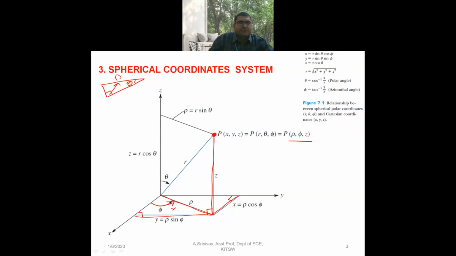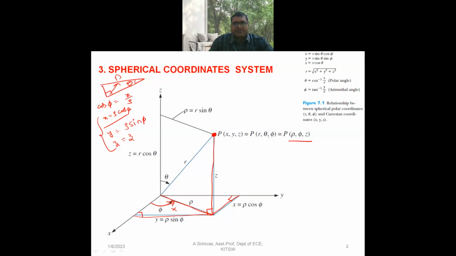Now in this triangle, if we apply cos phi, it is equal to x by rho, so x equal to rho cos phi. Similarly, y is equal to rho sin phi, and z equal to z. These three equations give the relation between the coordinates of Cartesian and cylindrical coordinate systems.